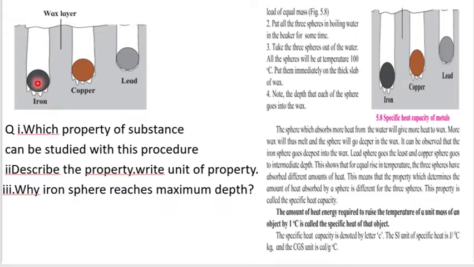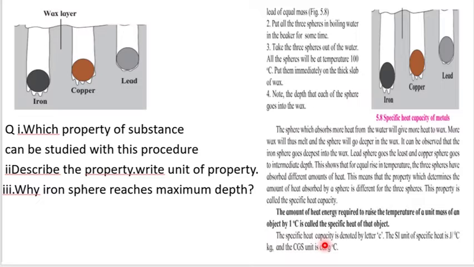Here, iron has maximum specific heat, due to which the iron sphere absorbs more heat from the water and it gives more heat to the wax. So the iron sphere goes to the maximum depth.